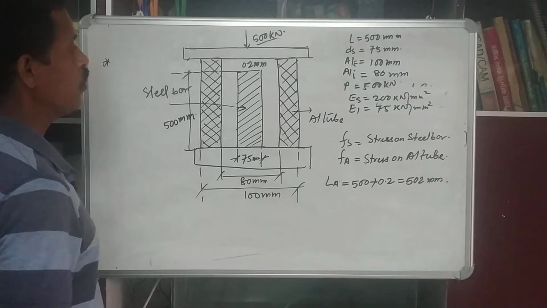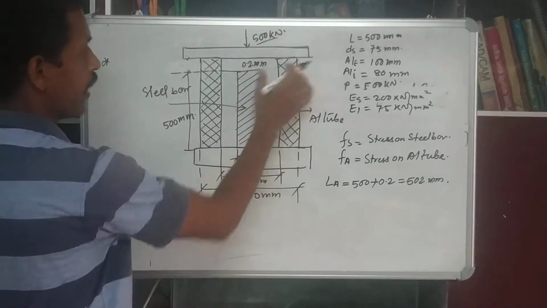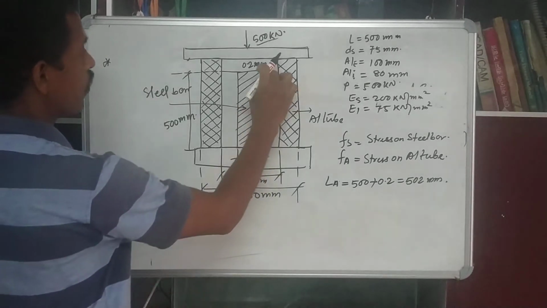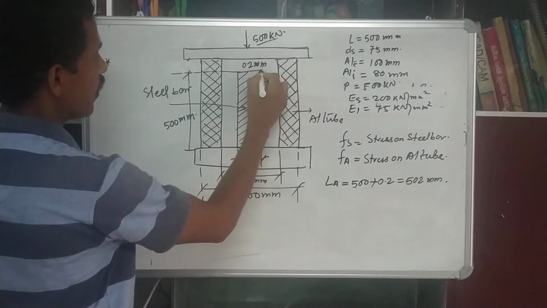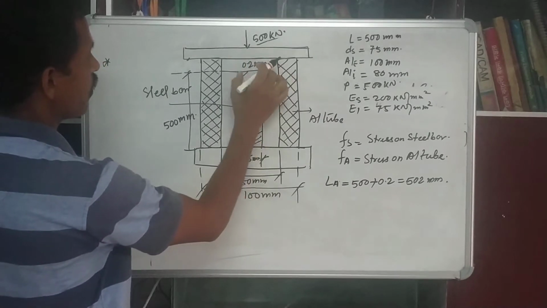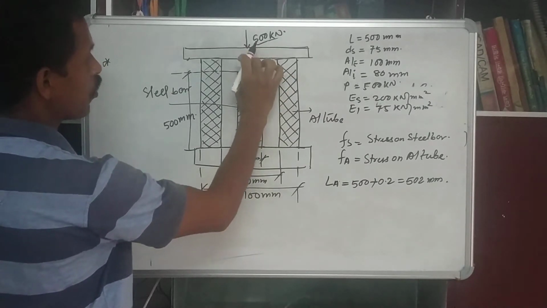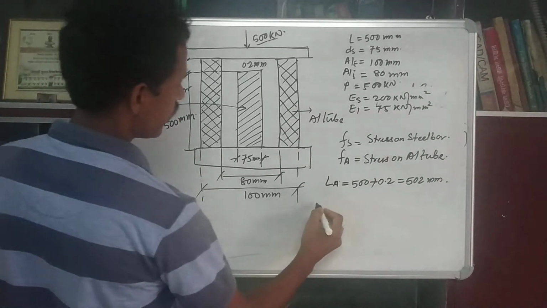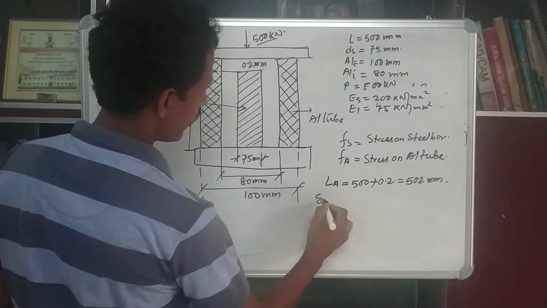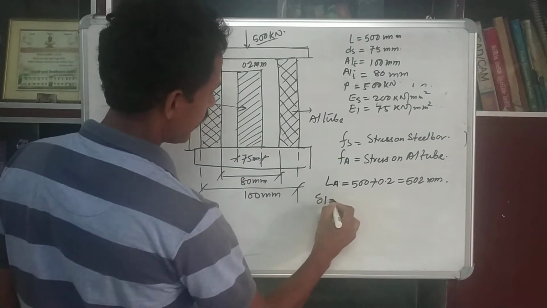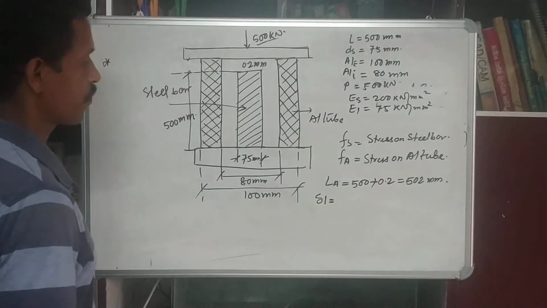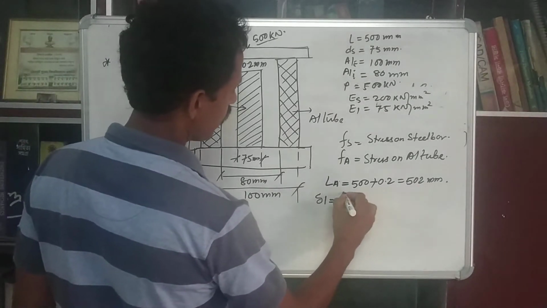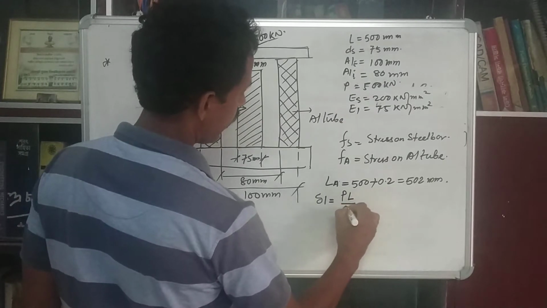Now you have to find out the load shared by the aluminum tube while it fills up the 0.2 millimeter gap. We know the change in length is PL by AE.